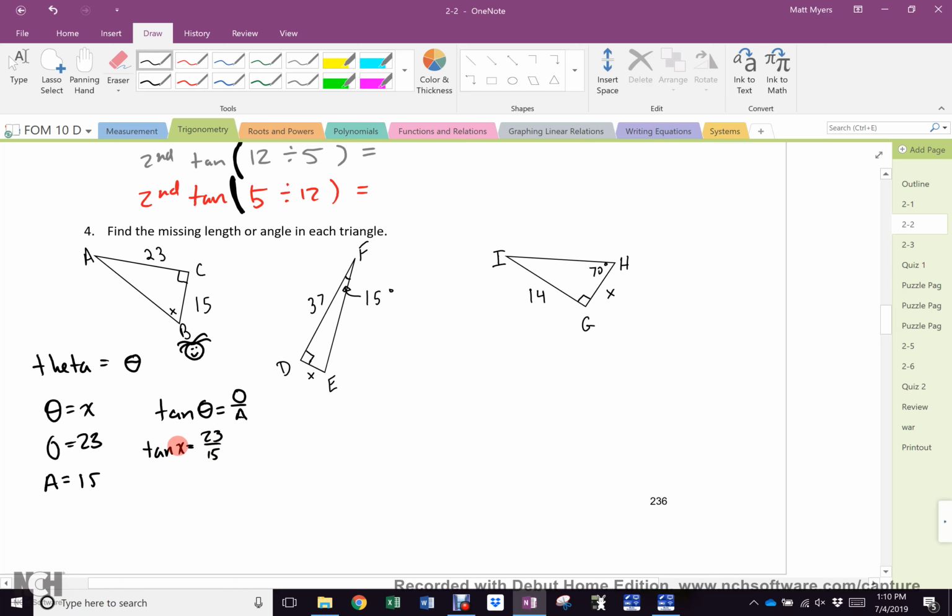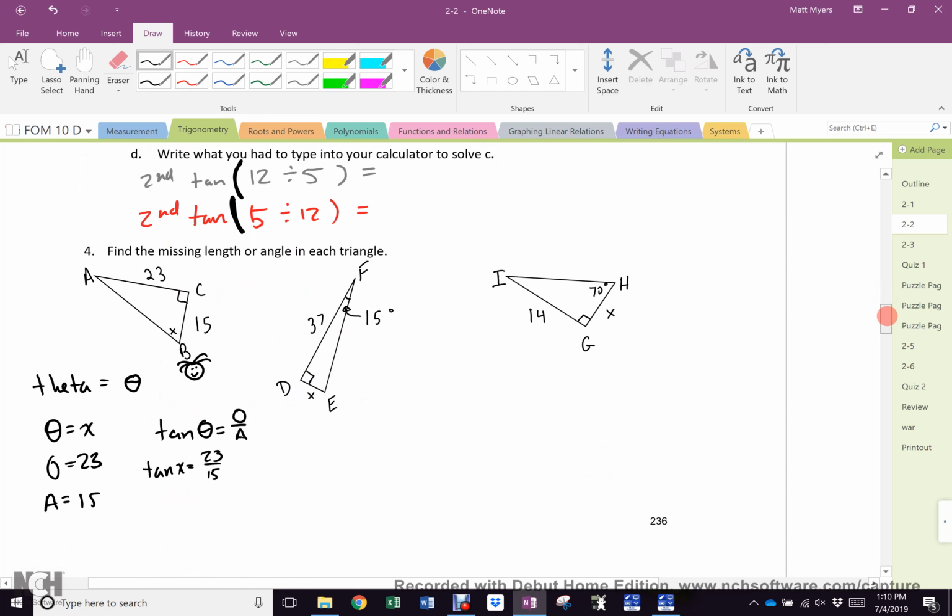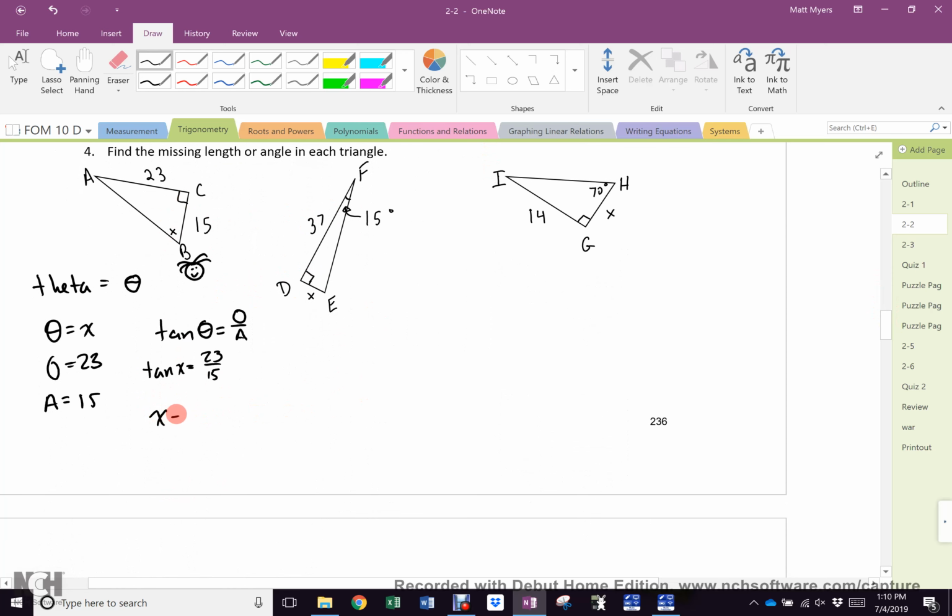How do I solve for x there? I don't know the angle, so it's exactly the same as the question we just did. Tell me what x is, go. It's exactly the same as the question we just did, and you just wrote out what you did to solve it.